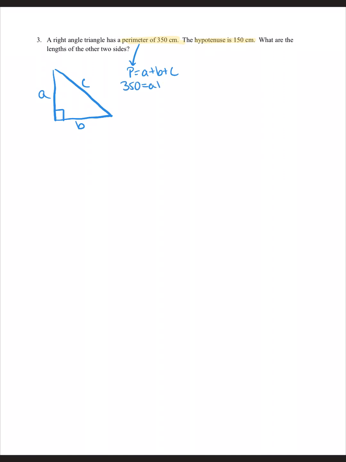So that's going to equal A plus B plus C. And then we don't have much other information other than it saying that the hypotenuse is 150. And remember, if we think back to Pythagorean theorem, our hypotenuse is always going to be the side opposite my right angle. So this is our hypotenuse. So we can say that C equals 150.